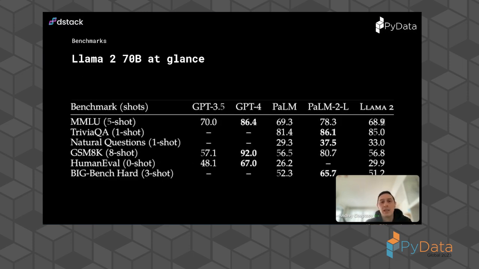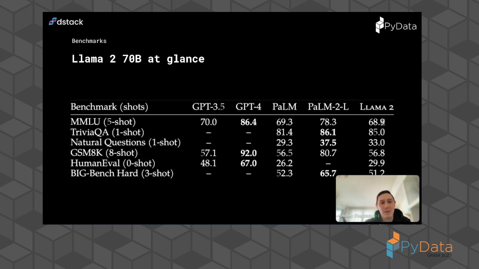Here's a slide with some benchmark data. It is from the original paper of Llama 2, where it compares Llama 2 to some other models. And what we see here on the left-hand side is the list of different benchmarks. A benchmark is basically something that measures how a model behaves in terms of quality on a specific task.